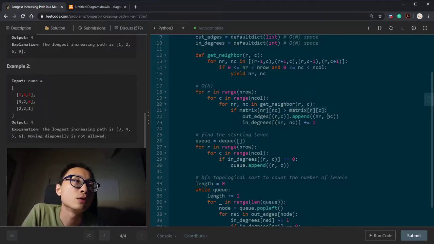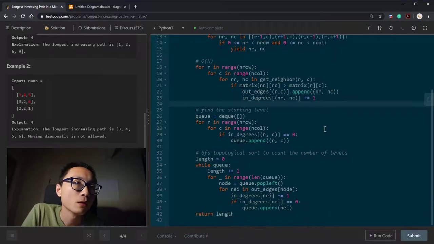So we record this onto this adjacency list of the out edges, and also increase the in degree count for the neighbor. So that's the graph processing part. It's 4 multiplied by n actually. So then we find the possible starting nodes of those increasing paths.